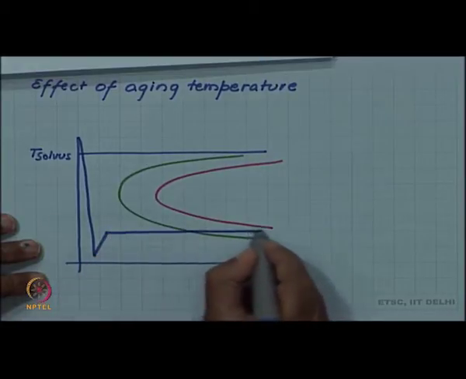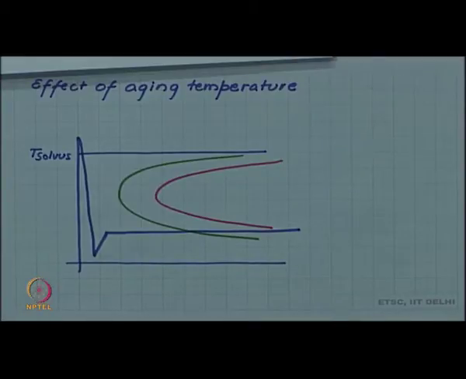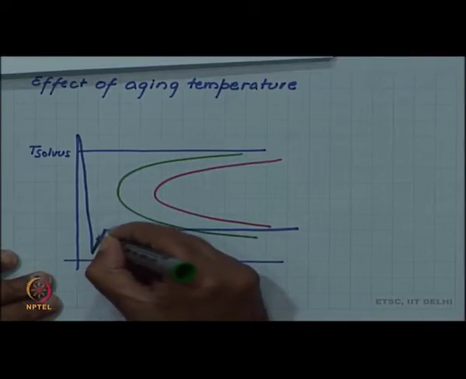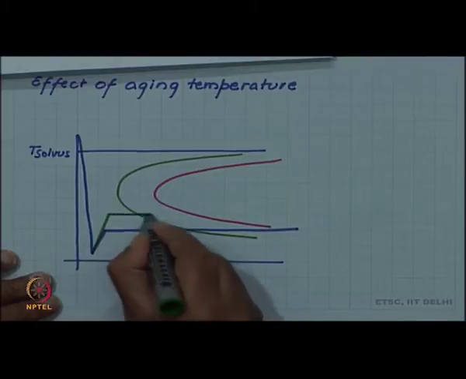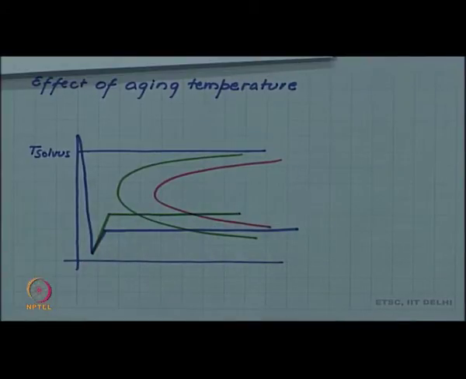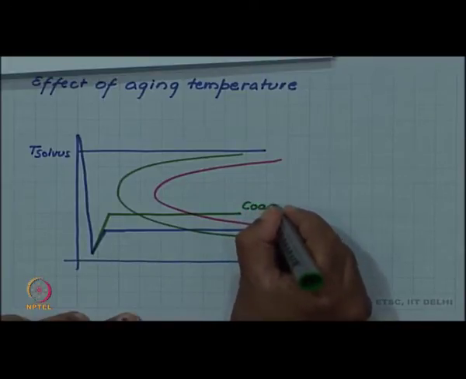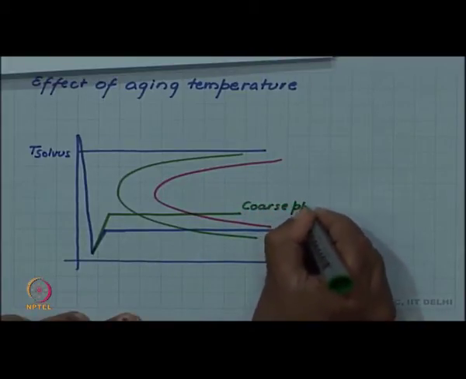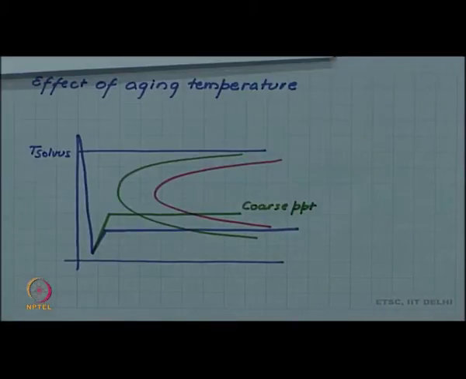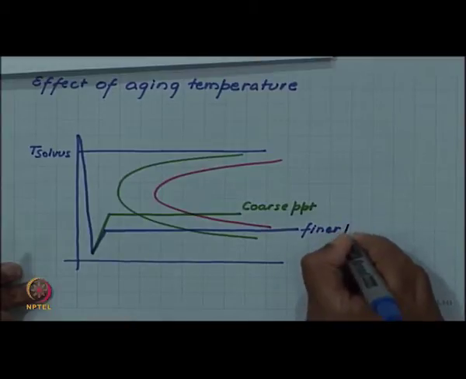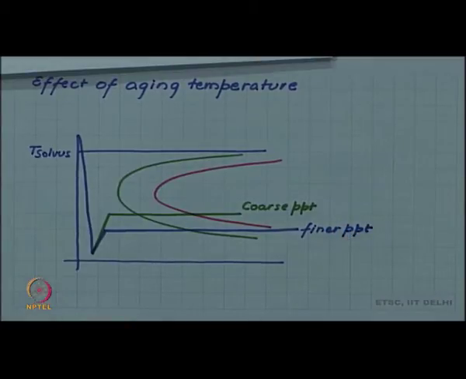this temperature, or you aged at a higher temperature. We have already seen that at the higher temperature you will have coarser precipitate, because of slower nucleation and faster growth, whereas at a lower temperature you have finer precipitate.